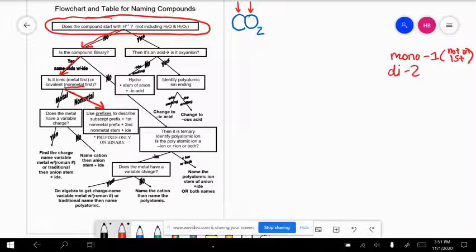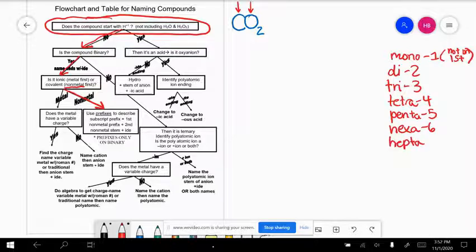So di for 2, tri for 3, tetra for 4, penta for 5, hexa for 6, hepta for 7, octa for 8, nona for 9, and deca for 10.